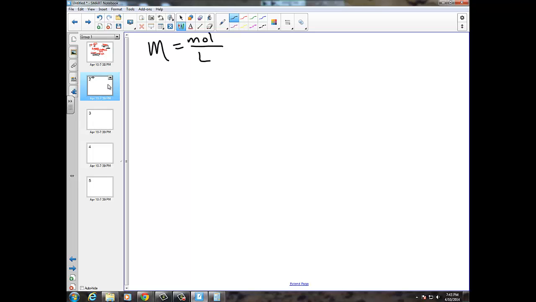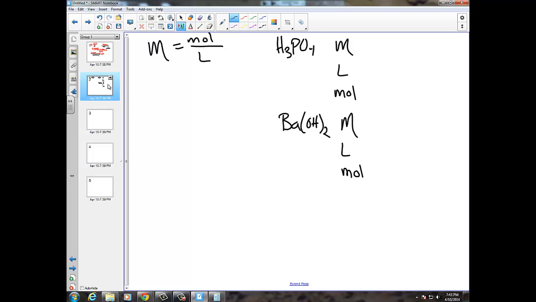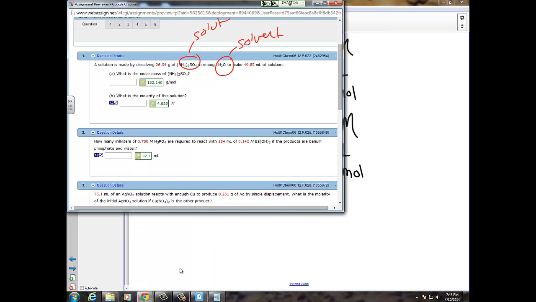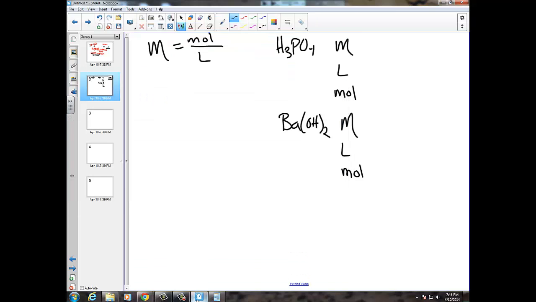So for H3PO4, I know I have molarity, I have liters, and I have moles. And for Ba(OH)2, I have molarity, liters, and moles. Well, I know I have a 0.750 molar solution of phosphoric acid.